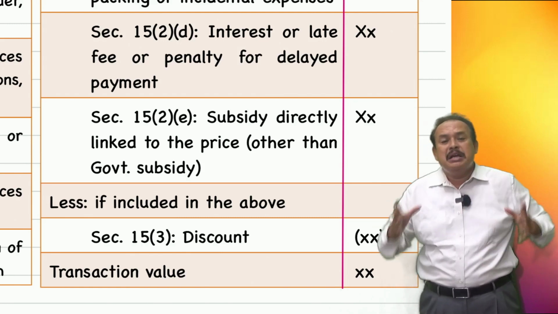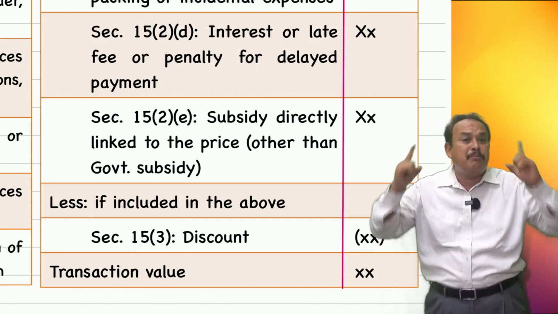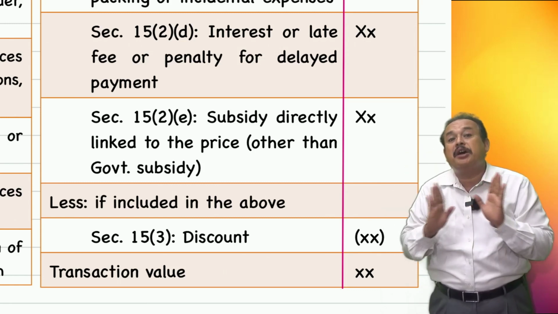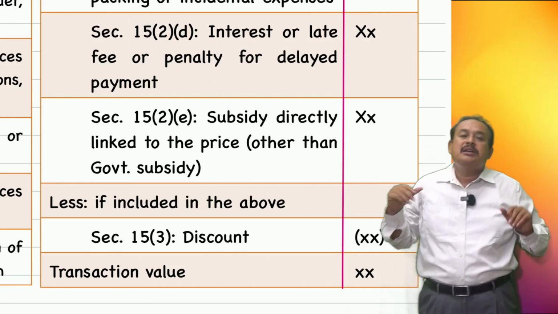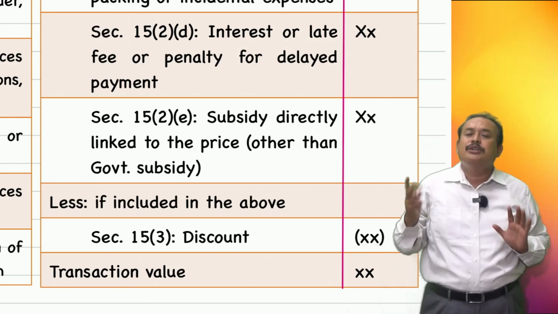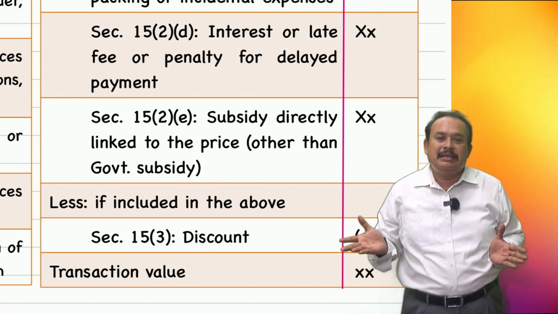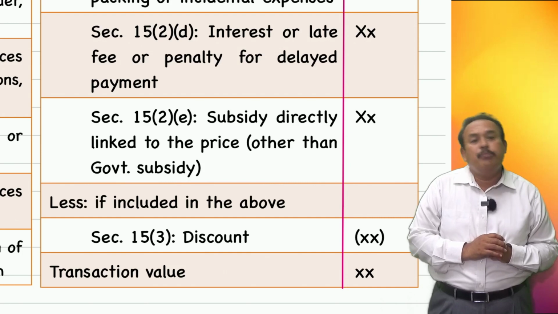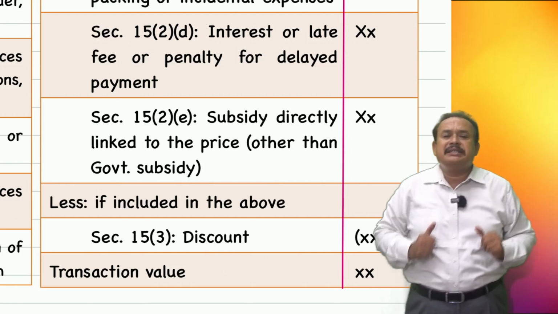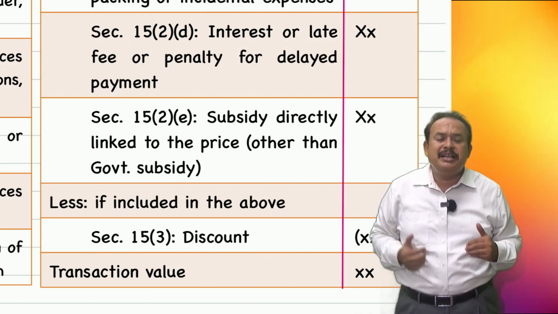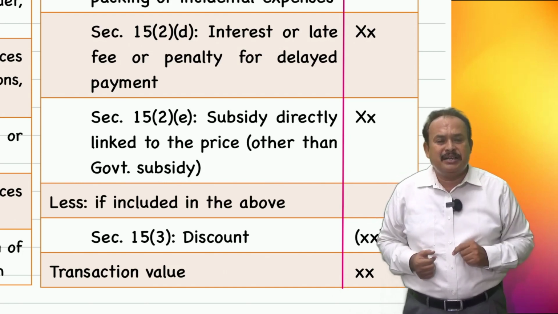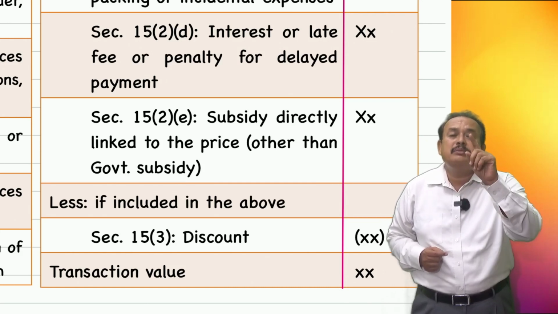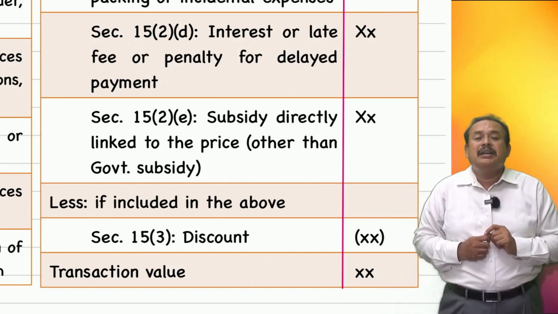At the same time, if the subsidy I received from government is directly relating to my product, in spite of that it should not be added, because subsidy from government should not be taxed. This is one of the basic concepts under section 15 subsection 2 clause (e). What do you mean by this? The same fertilizer seller S Limited is selling at 200 rupees per bag of fertilizer to farmers. He got 20 rupees per bag subsidy from the state government of, let us say, Andhra Pradesh.